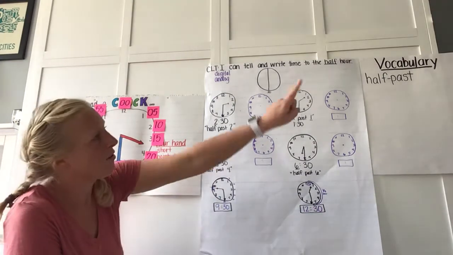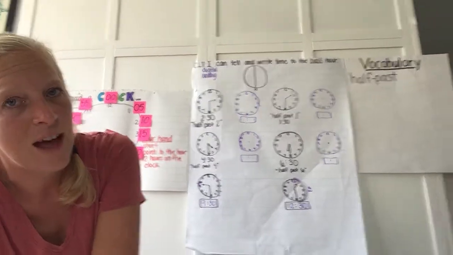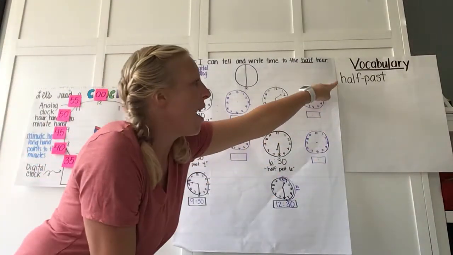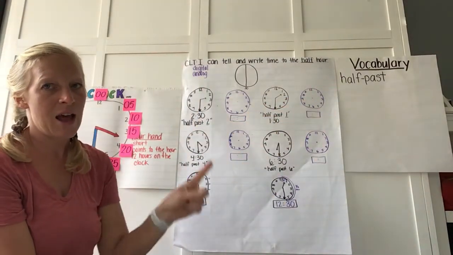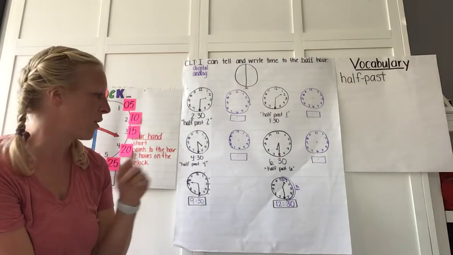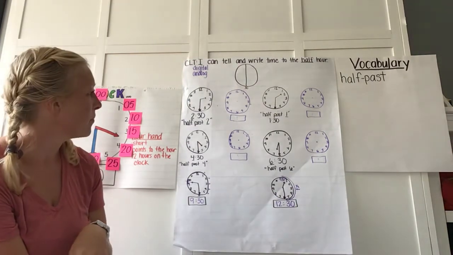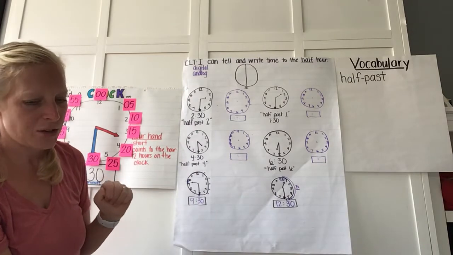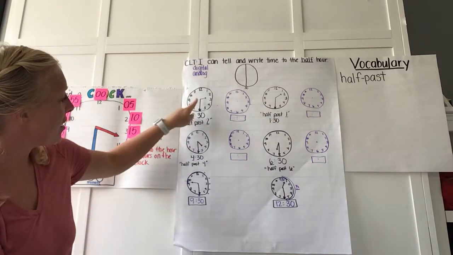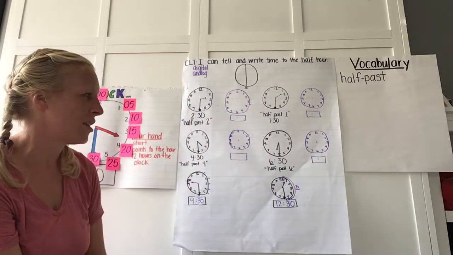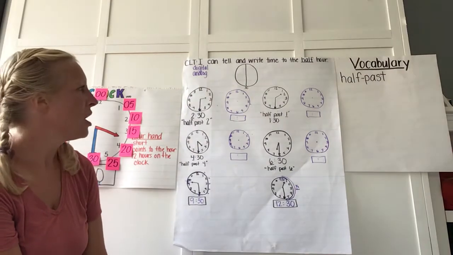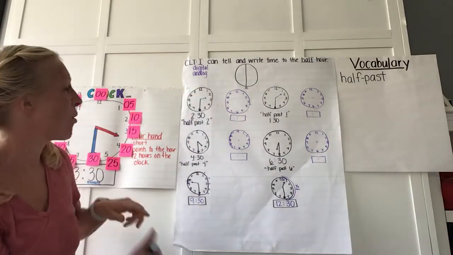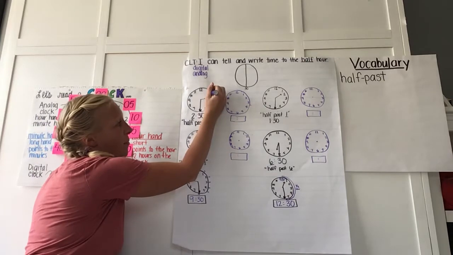And remember from yesterday, we said we also call that half past, right? It's gone halfway past or halfway through that hour, okay? So you all said yesterday that when you were looking at our analog clocks and picking out the digital one, you were looking at the hour that it passed first, right?